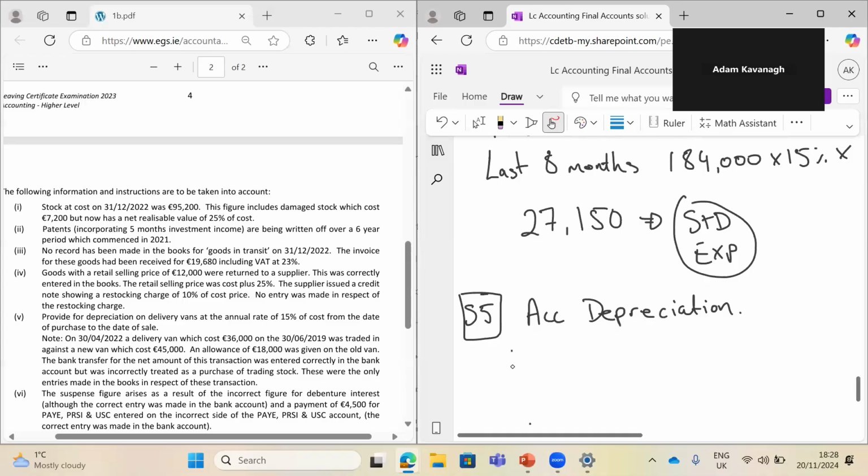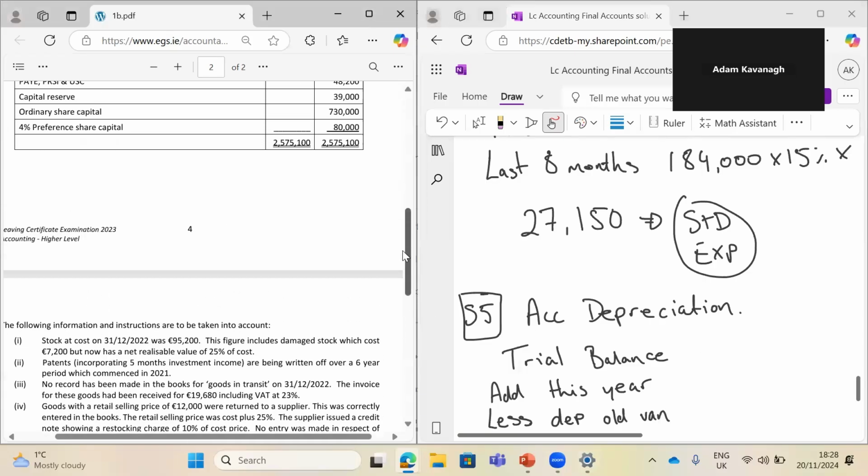The depreciation from the trial balance. Okay, add this year's, which we just figured out above. Okay, and then less depreciation on the old van. So all of those have, well, the last two have been figured out in the question already for us.